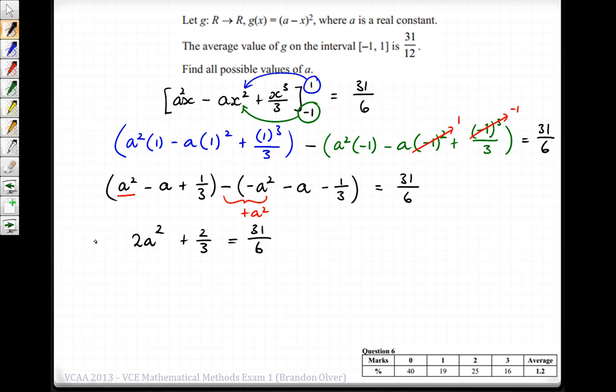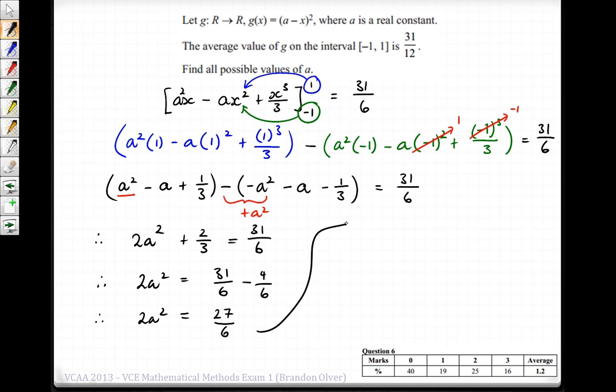So therefore 2a squared equals 31 on 6 minus 4 on 6. Therefore 2a squared equals, so 31 minus 4 is 27 on 6.